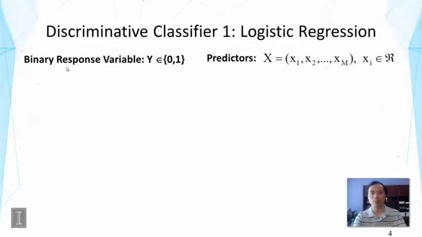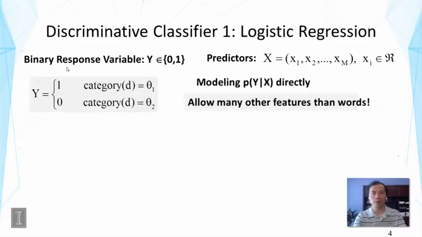You may recall in the previous slide we used f_i to represent the feature values, and here we use the notation of x vector, which is more common when we introduce such machine learning algorithms. So x is our input. It's a vector with m features, and each feature has a value x sub i, and our goal is to model the dependency of this binary response variable on all these features.